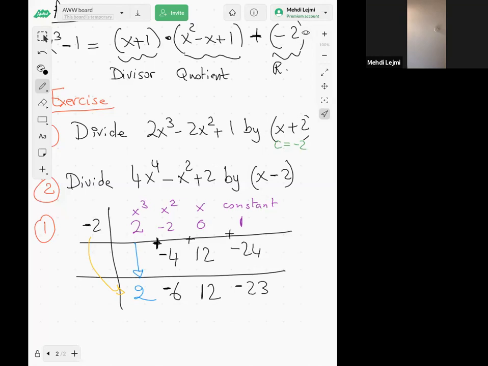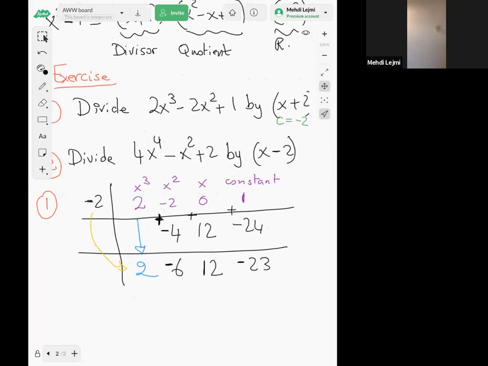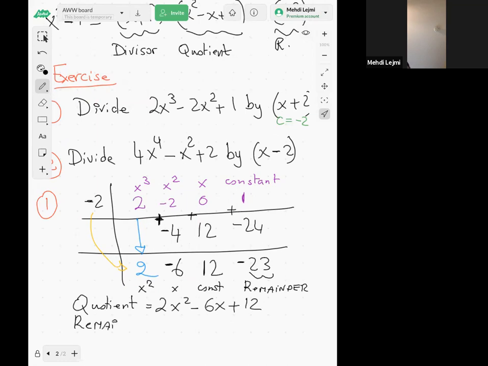So actually the answer is, if I'm not mistaken, the quotient supposed to be, this is x squared, this is x, here's my constant, and this is the remainder. So the quotient would be 2x squared minus 6x plus 12, and we are left with negative 23.